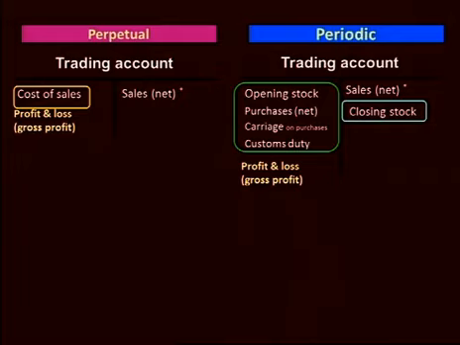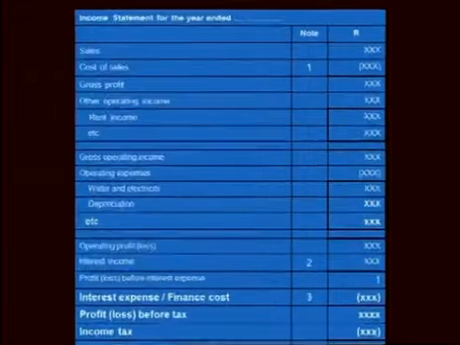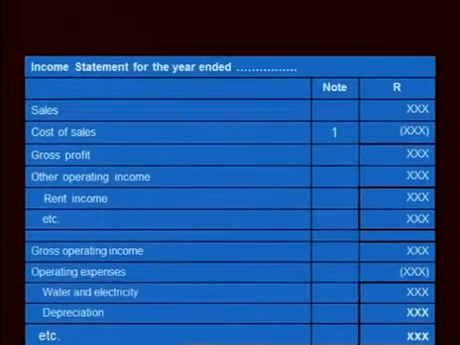Now, a business using the periodic inventory will have an income statement with a note to cost of sales. You see there's a note next to number 1, and it will actually explain to the shareholders how cost of sales was calculated.